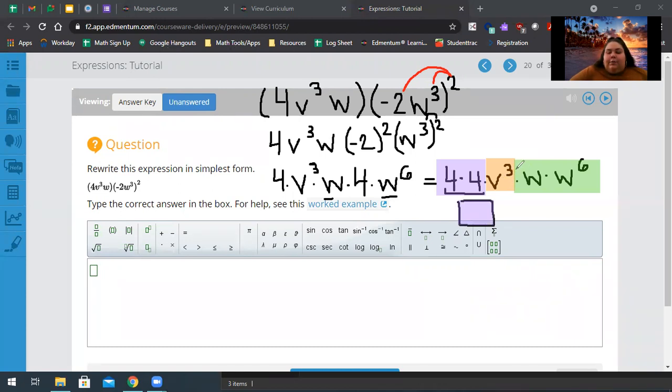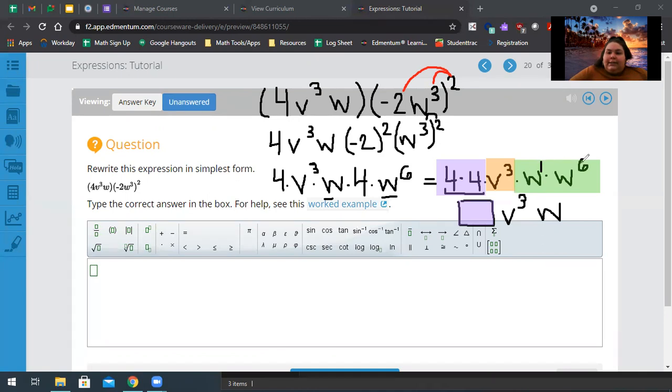Now v to the third power, there's nothing else in orange, so let's put v to the third power. Then it's w times w to the 6th power. So when we're multiplying, this w has an exponent. It's an invisible 1. So this is going to be w to the, remember we add these two exponents together because I have a w and a w, I just want one w.